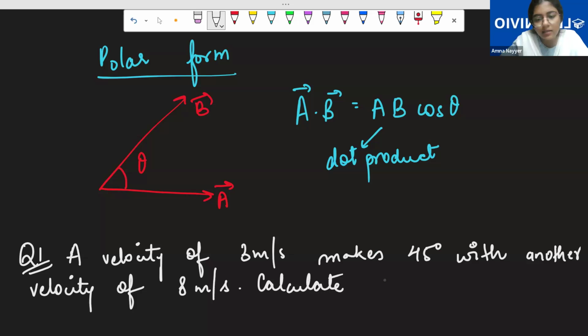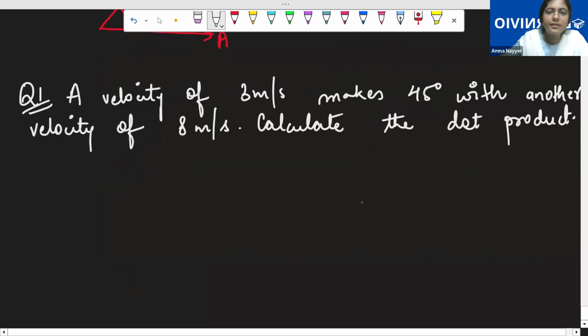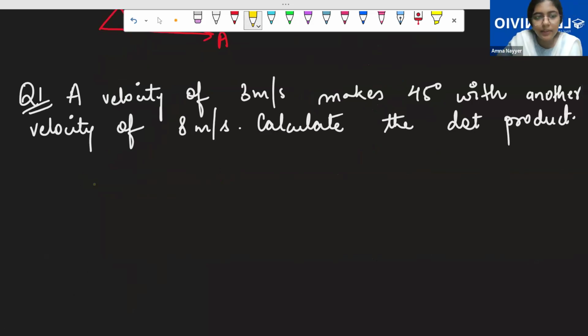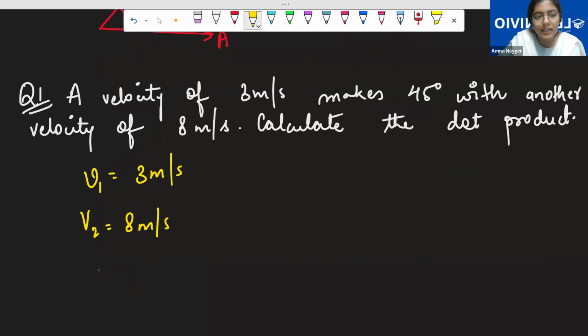Calculate the dot product. So, see here, Mariam, since you already know, you can help me. How to begin with this? V1 is 3 meter per second, V2 is 8 meter per second, theta is 45 degrees. Right? Formula, tell me.